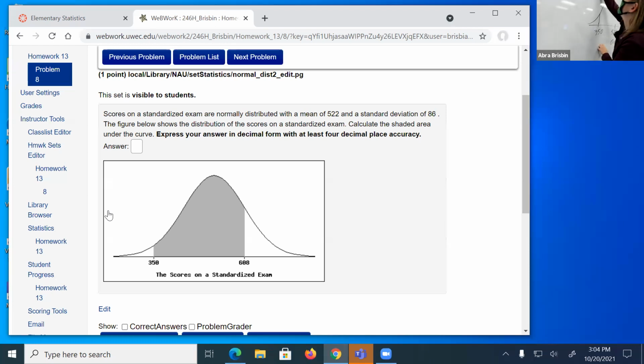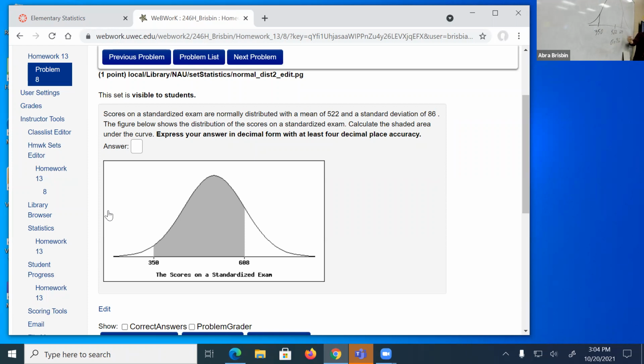So the first thing we put into normal CDF is the lower bound of the region whose probability we want. So in my case, that's going to be 350. The next value is the upper bound.